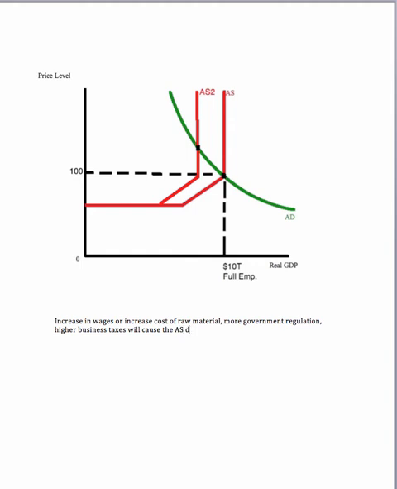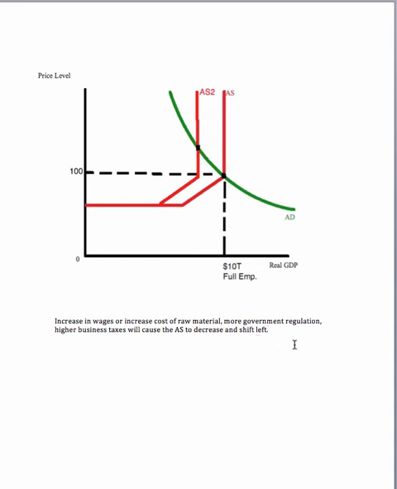Aggregate supply decreases, which is a leftward shift. Notice the macroeconomic equilibrium goes from 100 CPI and full employment at $10 trillion to a higher price level and a lower real GDP and lower employment.